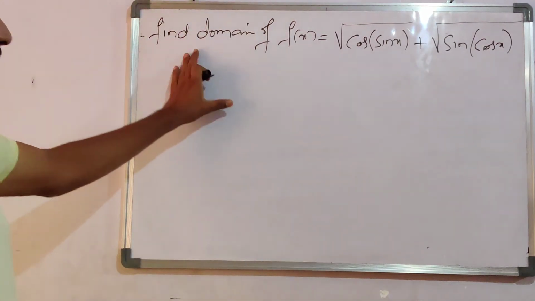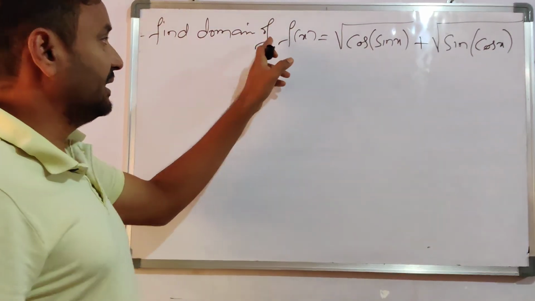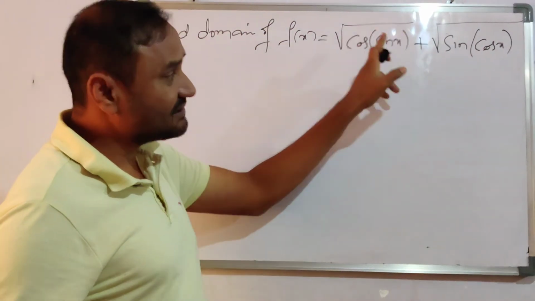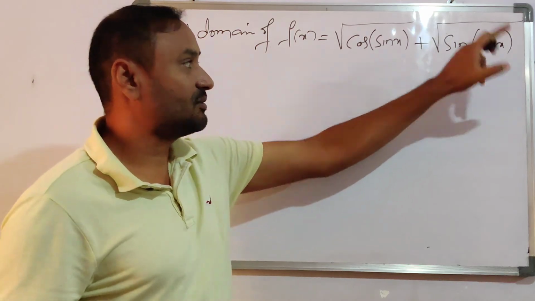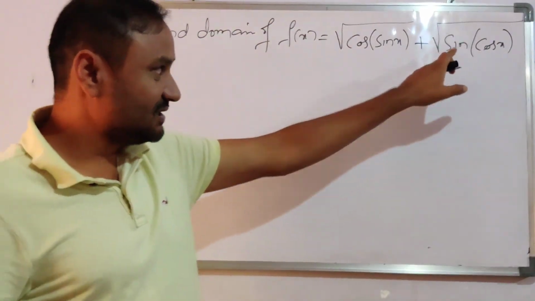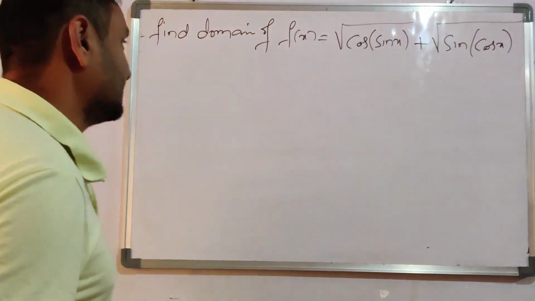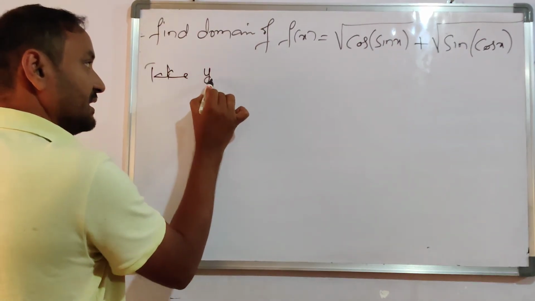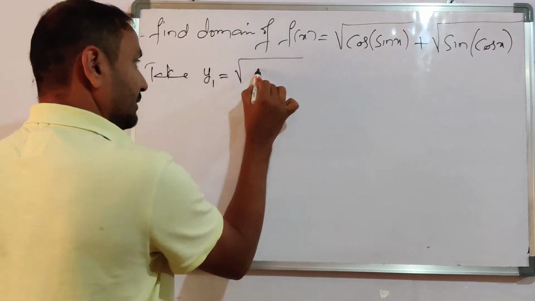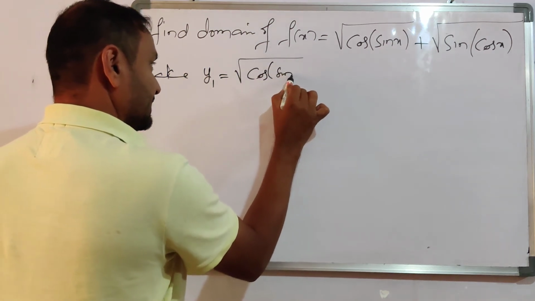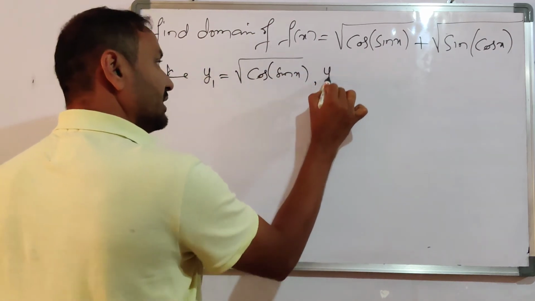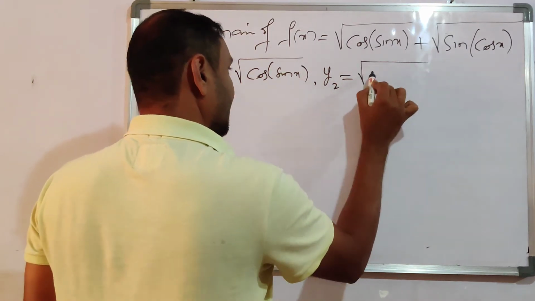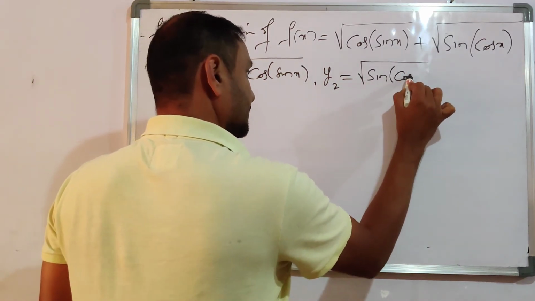So right here, take another problem. A different problem: find the domain of under root of cos of sin x plus under root of sin of cos x. Cos of sin x, sin of cos x. So take y1 is equal to under root of cos of sin x and y2 is equal to under root of sin of cos x.